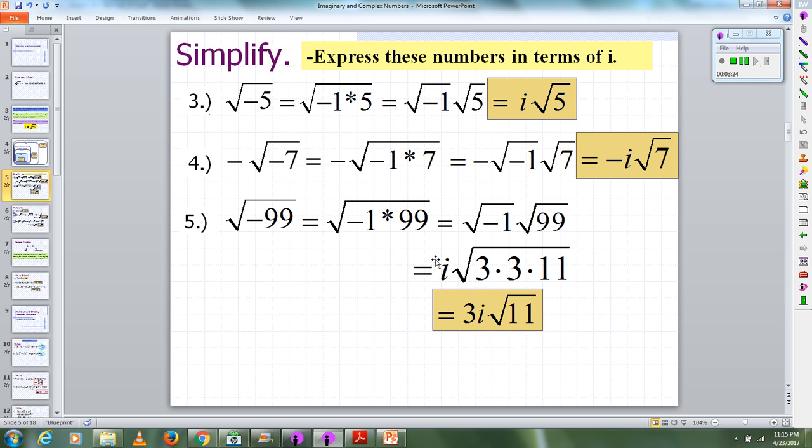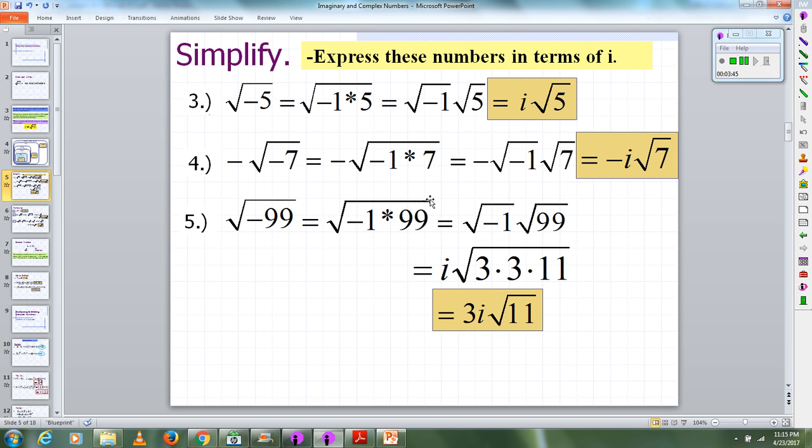Now look at the next example. We have the square root of -99. Again, step 1, we write the negative number as a product of -1 times a positive number.